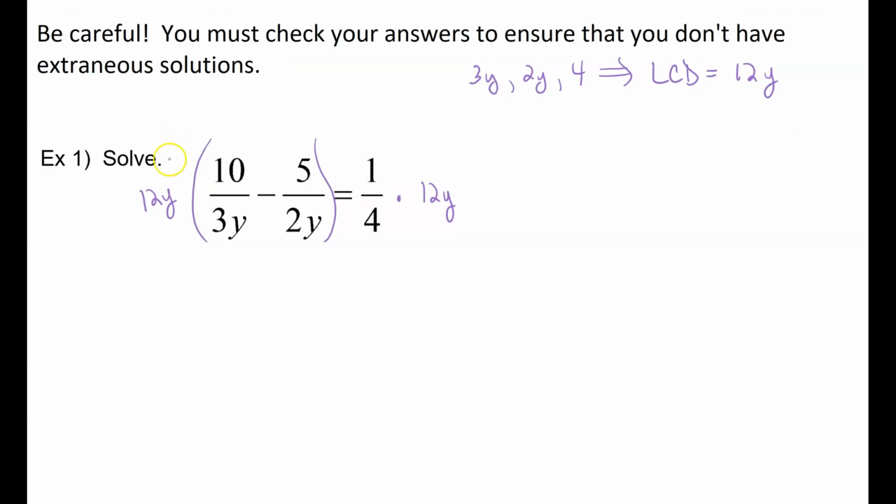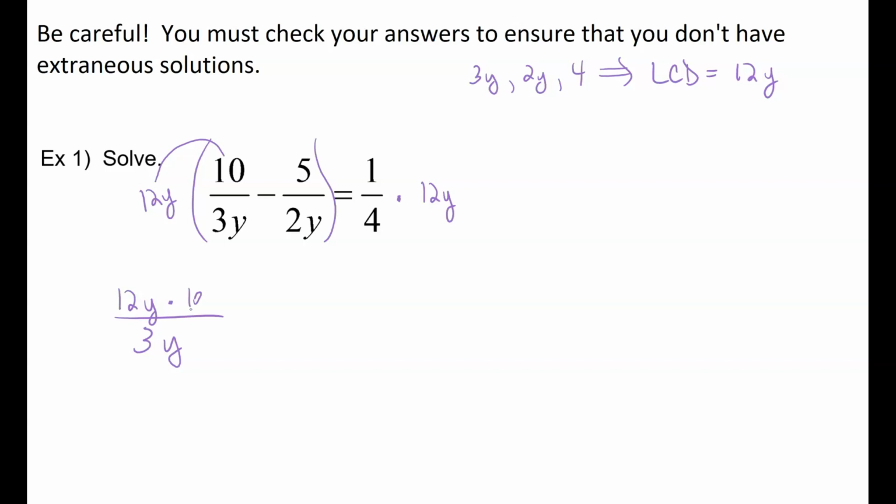I'm going to write this first step out completely, just so that we can see why the denominator goes away. So in the first one, distributing through, I have 12y times 10 divided by 3y. I don't want to do 12 times 10 is 120, 120 divided by 3 is 40. We want to keep things small.